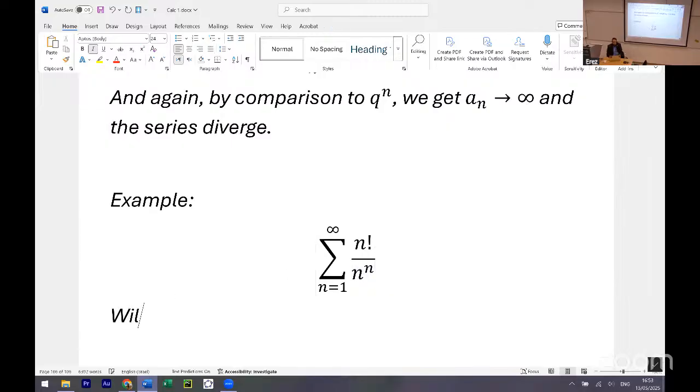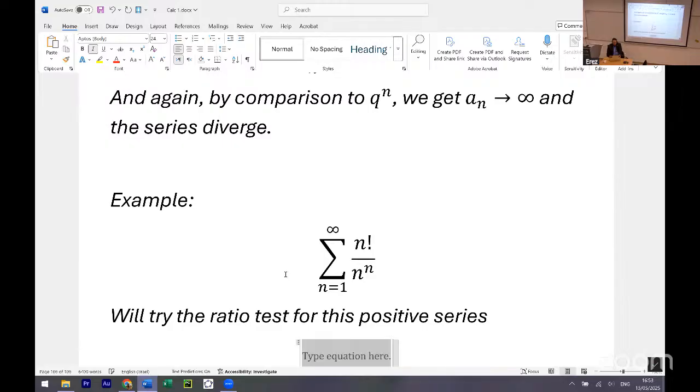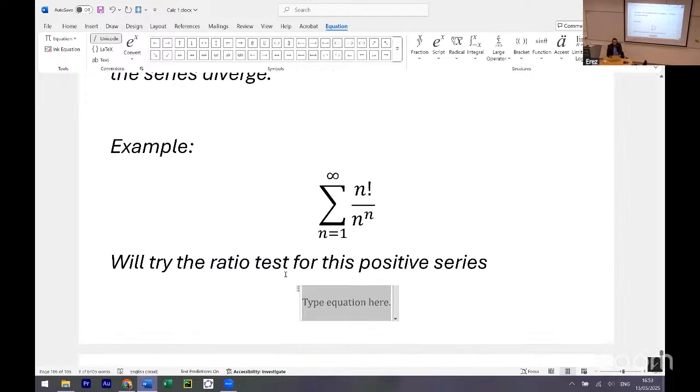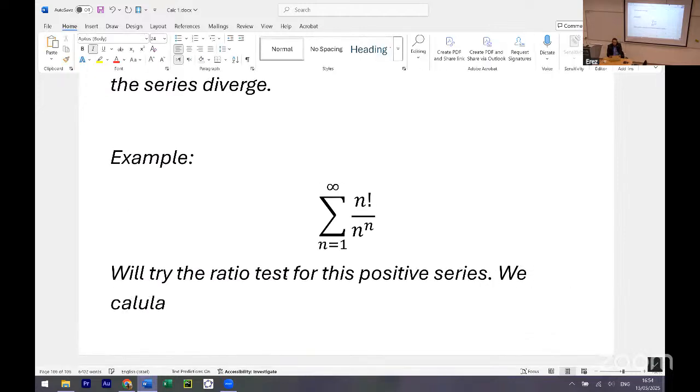So we'll try the ratio test for this positive series. So we calculate the limit of the ratio. Don't forget the limit.